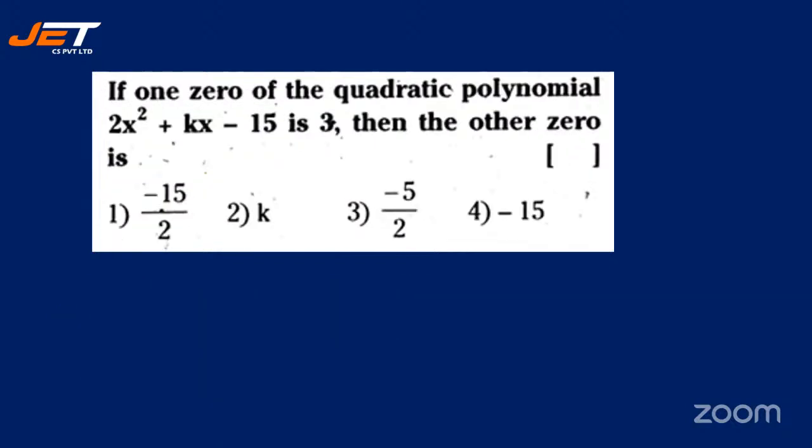If one zero of the quadratic polynomial 2x squared plus kx minus 15 is 3, then the other zero is dash. So if one zero of the quadratic polynomial is 3, what is the other zero?